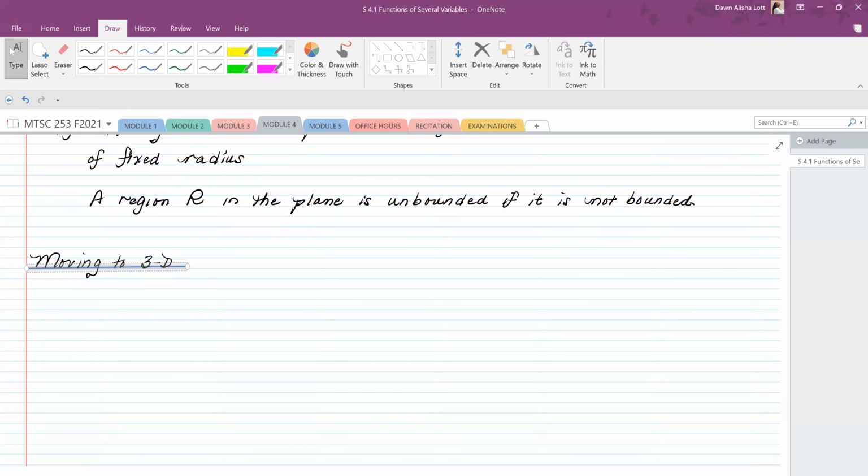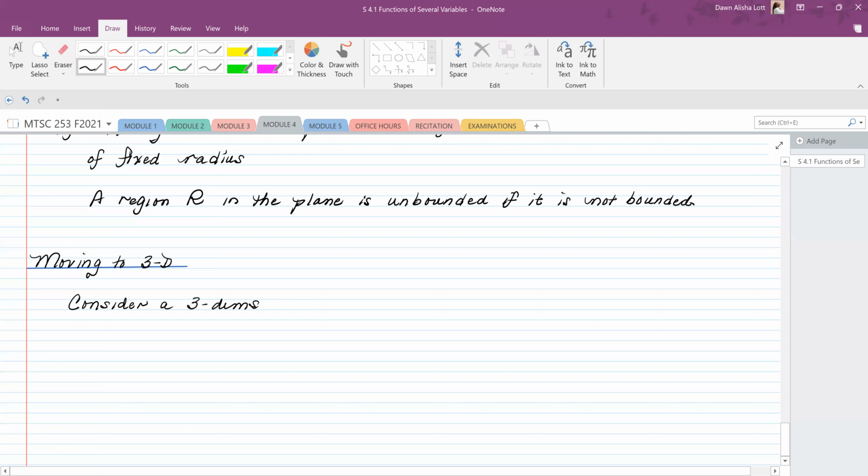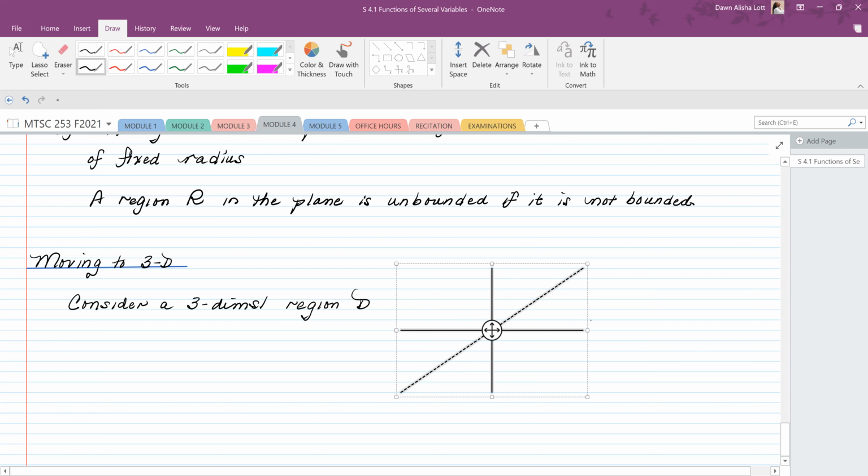So now we're going to have a region D, which is considered a 3-dimensional region D. Okay, so now I'm in 3 space. So now I have a region that looks like this.